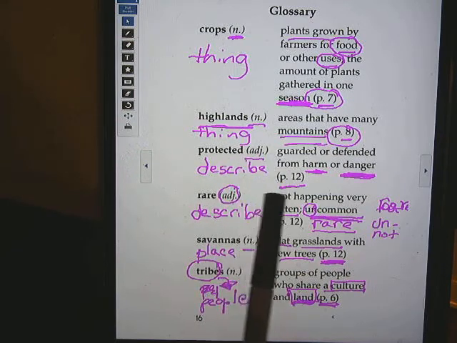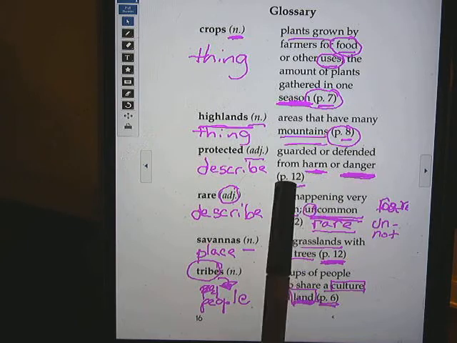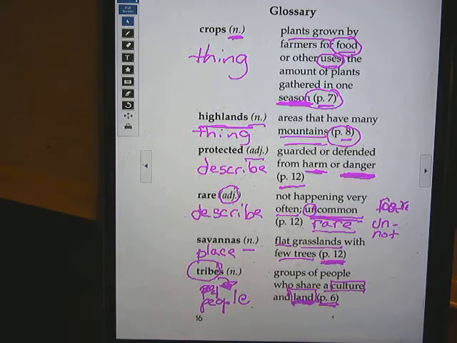An adjective describes nouns. Guarded or defended from harm or danger. So who in this particular story was protected? That's right, the rare animals are protected by different areas in Kenya. So they are protected. They are guarded or defended from harm or danger.